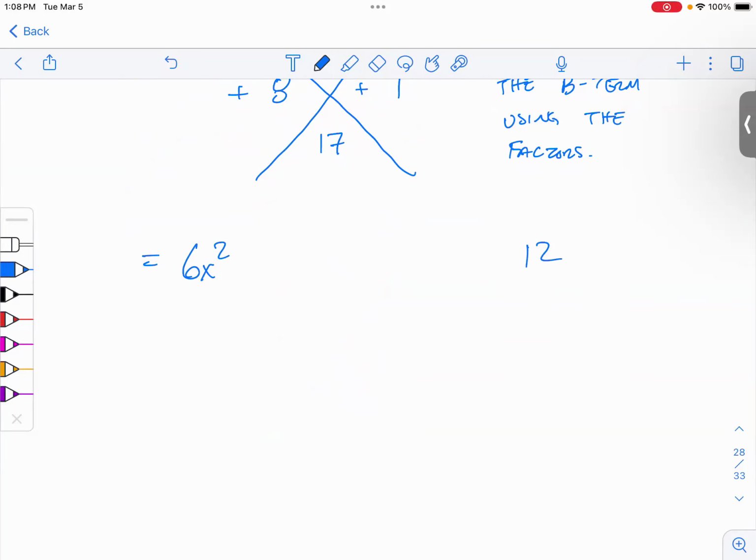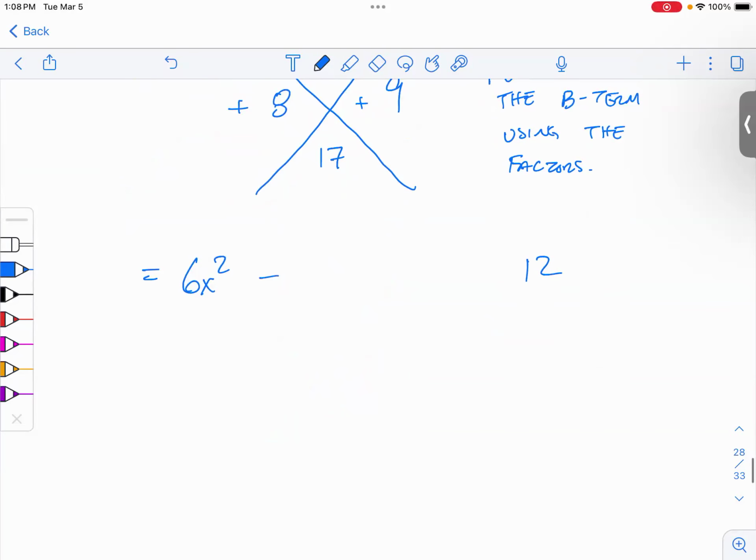I don't touch that. The B term was 17x. Now I'm going to break it up into the factors. That 17x becomes 8x and 9x. Now if I combine those together, 8x plus 9x goes back to 17x. So this got a little bit worse before it's about to get a bunch better.